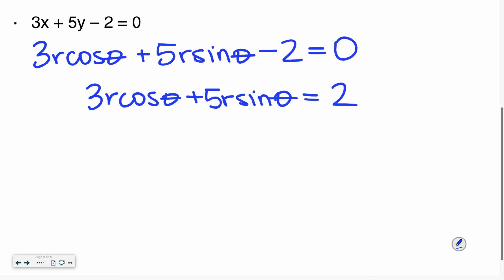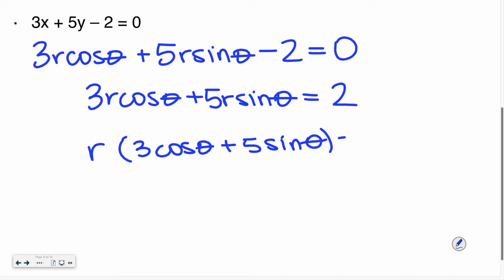And if we have 2 terms that have something in common, we can factor. So we factored out that r. That's what we're solving for. So now in order to get r all by itself, we divide that big chunk over.